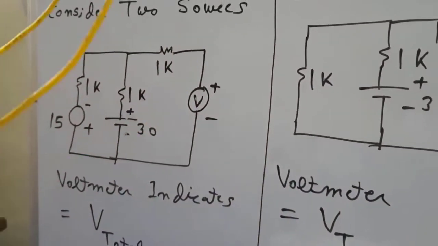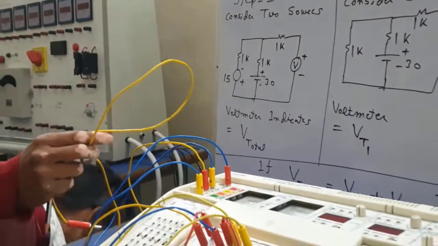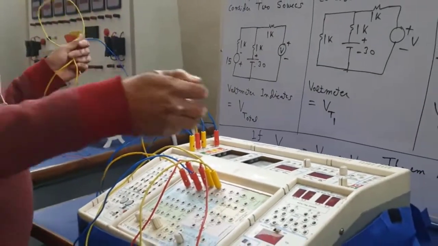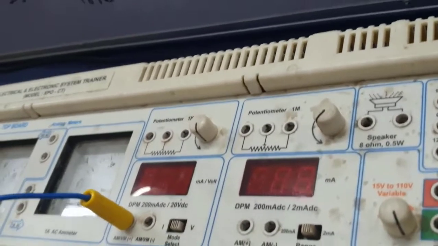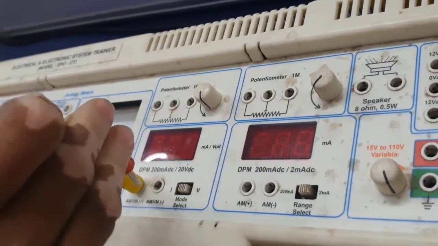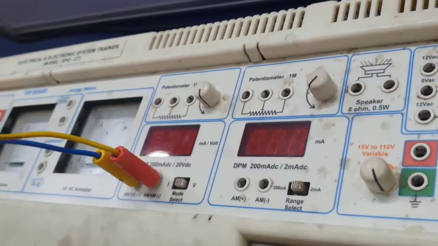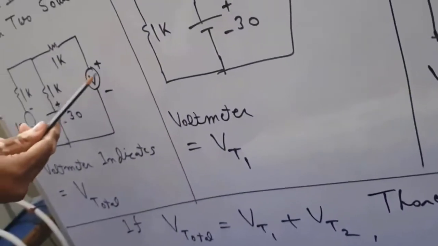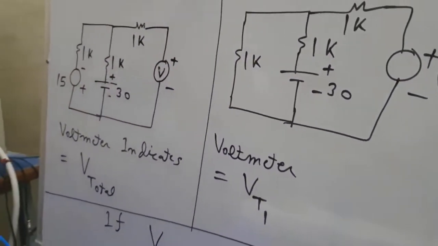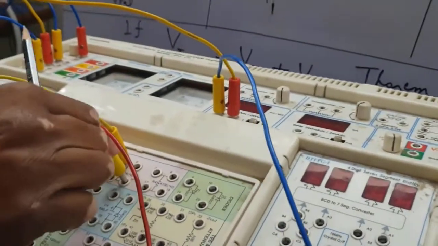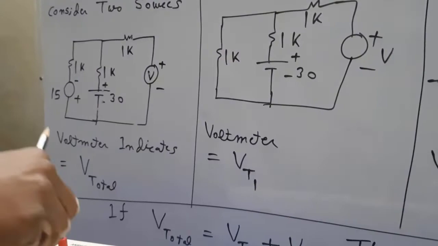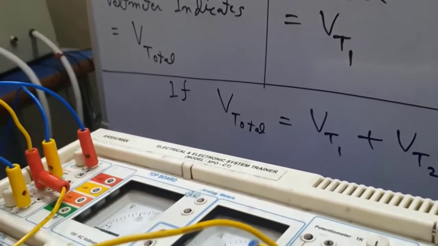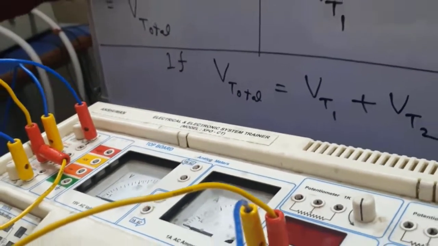We are using a digital voltmeter. Connect it here, and of these two wires, the plus terminal is connected to the 1K terminal, and the second wire connects to the plus and minus, this one. So the step 1 circuit is completed.